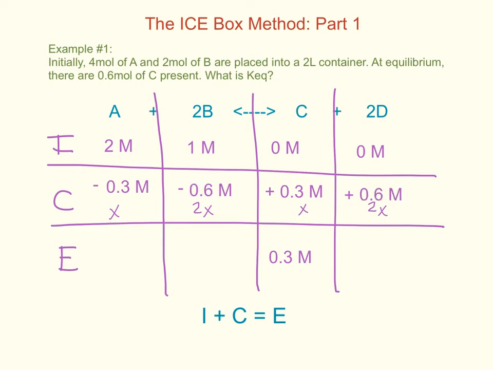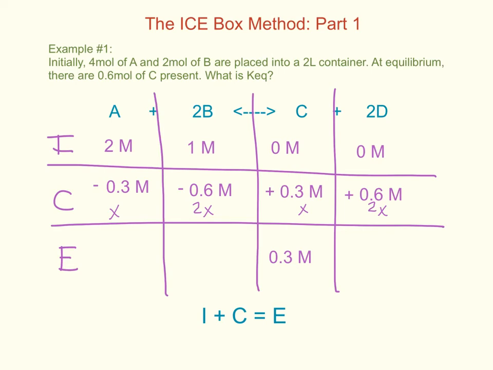So now I have values for my entire C, or change in concentration, row. And now that our table is almost full, it becomes really easy to fill in our equilibrium concentration row, again by using our formula I plus C equals E. So for my A, it's going to be 2 minus 0.3, because again, A is a reactant, so I'm going to be subtracting concentration from my reactants in order to form products.